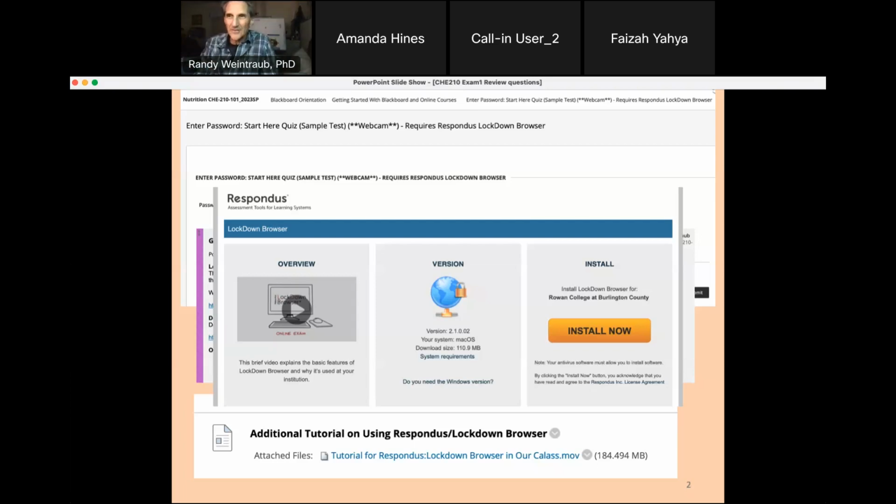This is to ensure academic integrity. And for all distance courses such as this one, this is what's being required. It's policy at RCBC.